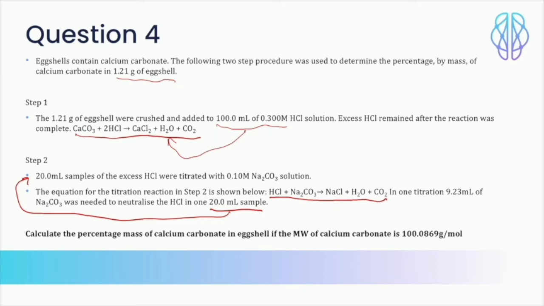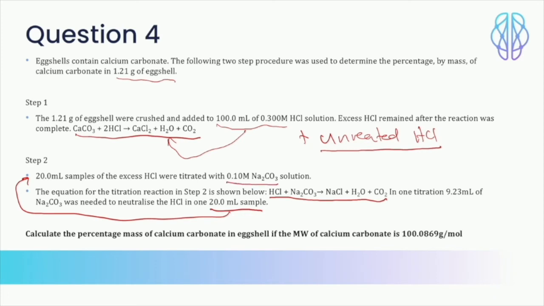Of significance, there is also a bunch of unreacted HCl. We then pipette 20 milliliter samples of this liquid that's left. So in the beaker, we have the powder, we have the HCl that we add in excess, and that dissolves and leaves us just a solution. We take 20 milliliter samples of this solution, with the solution containing our unreacted HCl. We then titrate it with 0.1 molar sodium carbonate.